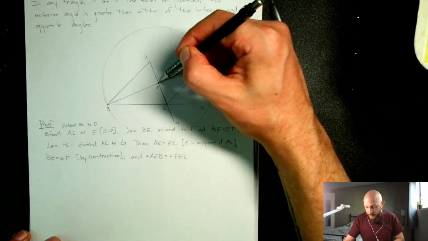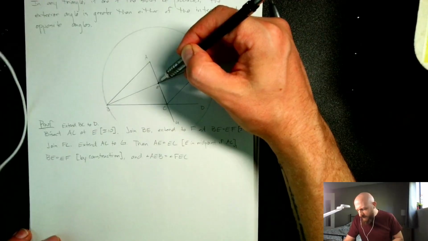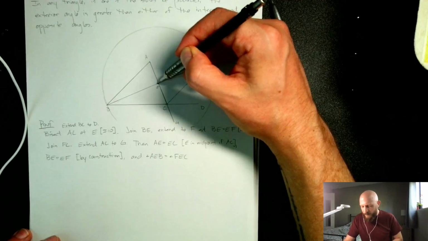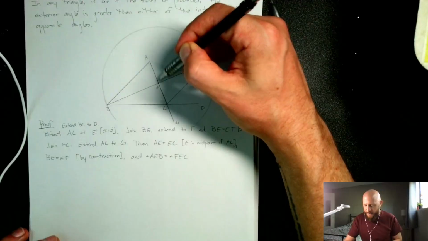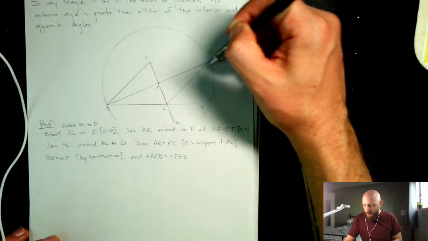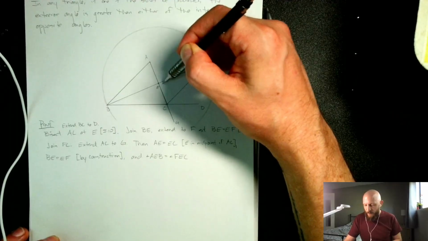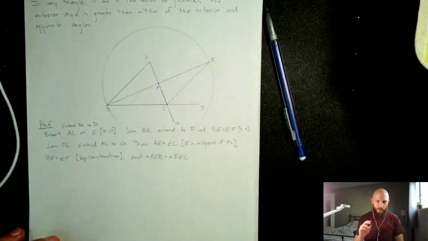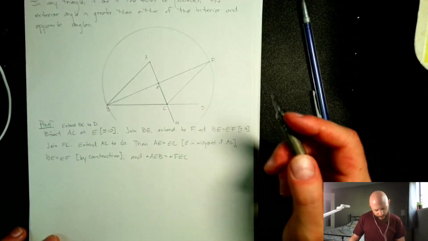AEB right here, in mine looks very much like a right triangle. That probably actually is a right triangle, but we don't know that yet based off of what we've found in the Elements. So AEB is equal to FEC, and the reason these two angles are equal is because they're vertical angles. That was proposition 15.